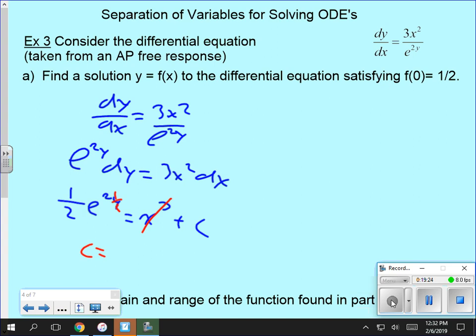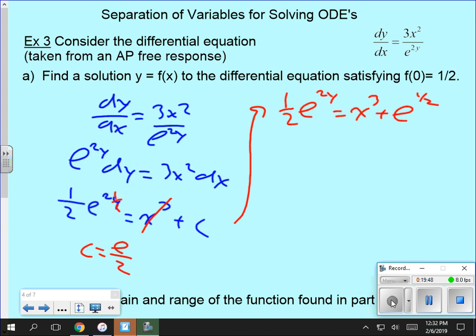So then c equals e over 2, or 1/2 e, if that's what you want to put it as. Either way would work. So I go back up to here, and I end up with 1/2 e to the 2y equals x cubed plus e over 2.